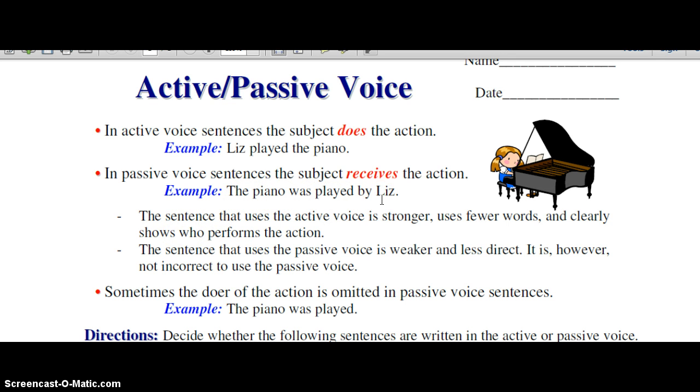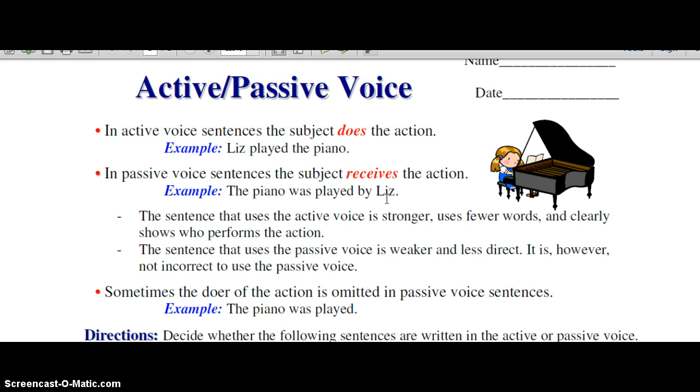We've now rewritten that so that it's in passive. So we see that the piano is in the subject part of the sentence. However, the piano can't play itself, all right? When you think of your subject, that's the who or what is doing the action. So when I say, well, who played it? Liz. But Liz is in the back of the sentence right now. It's being used as an object of the preposition.